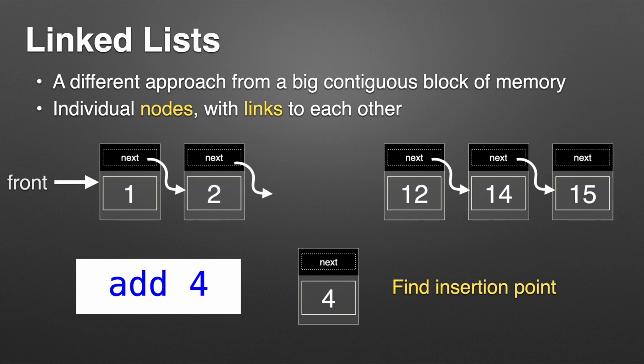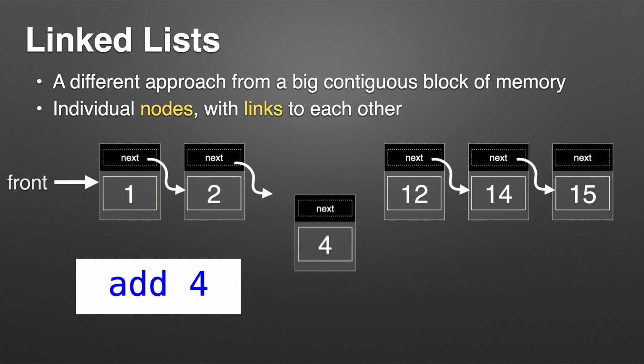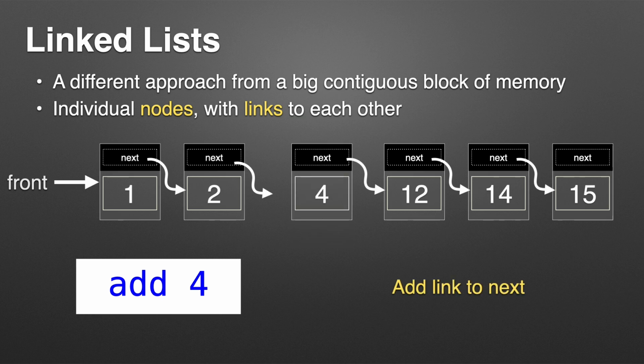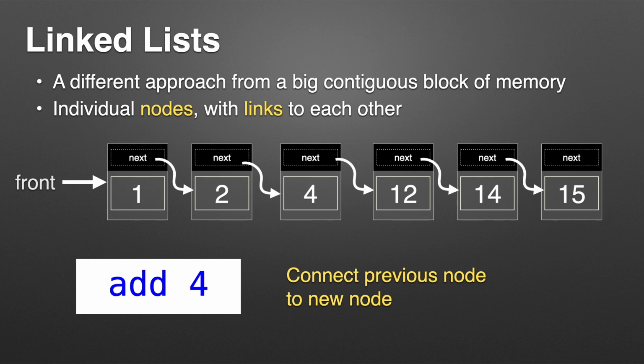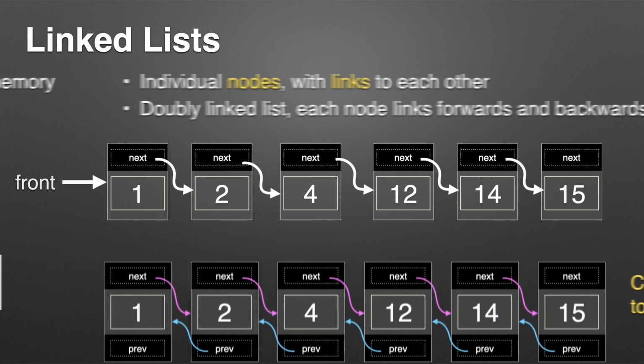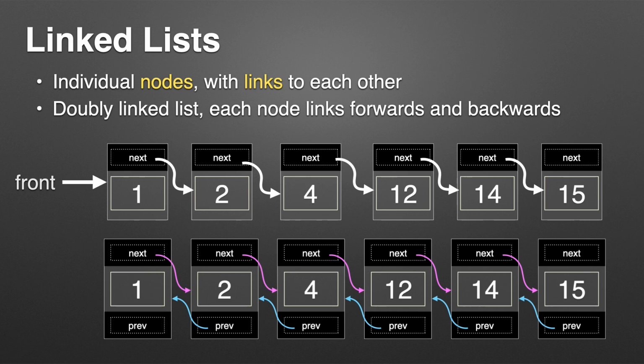Now that we've located that point, we take the next pointer from the node that has 2 in it, have it point at our new node 4, and have our new node point where 2 was pointing. We rejoin that together, and it's all connected again. Apart from finding that place to put it, it's a pretty constant operation. There are just these pointers that you change, and it's always that number of pointers.